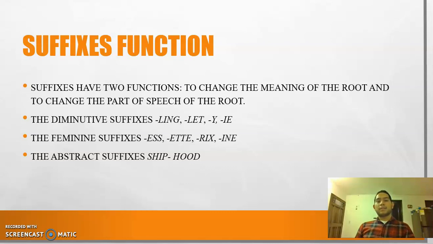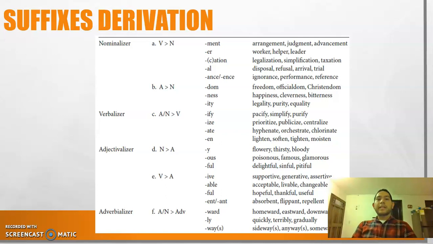The abstract suffixes ship, hood. This is very common for nouns when you want to turn some words into nouns. But in abstract nouns, for example, you have friend, and if you add the suffix ship, now it changes to friendship. Now, as I said before, the suffixes derivation also changes the word class.